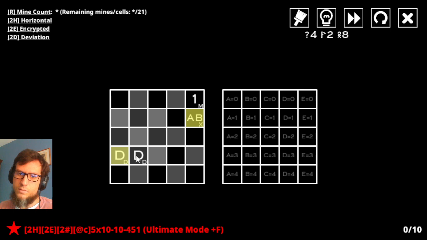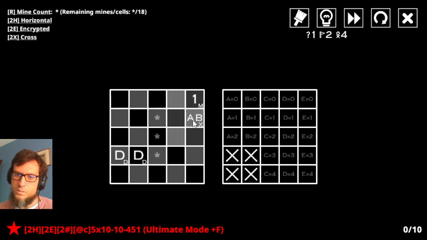These D's are deviations, which means the overlap is here. The ones in range of this one are a subset of the ones in range of that one, so the ones that are outside of the range of this one, but in this one, cannot be mines. That's an AP cross, so that tells me that, alright. Only one of these 2, which, okay, fine.